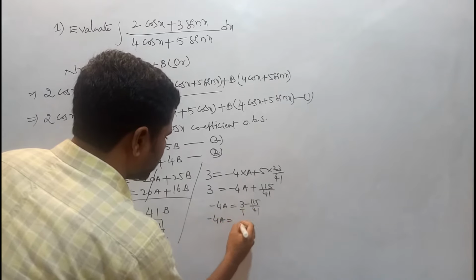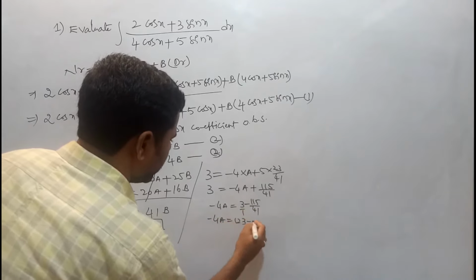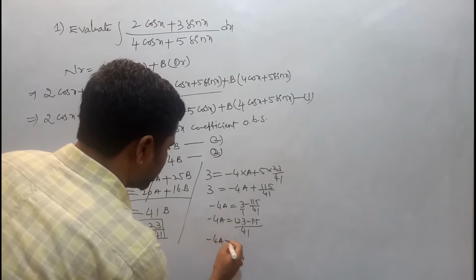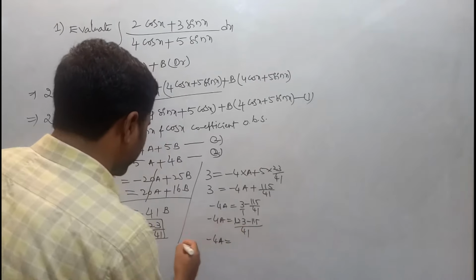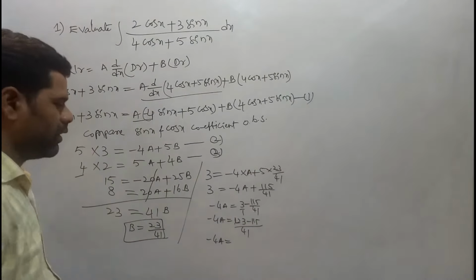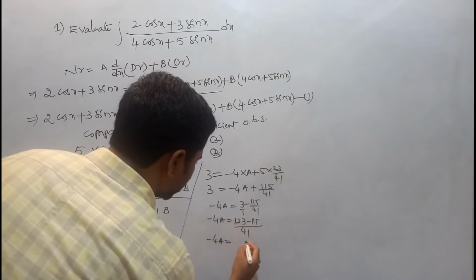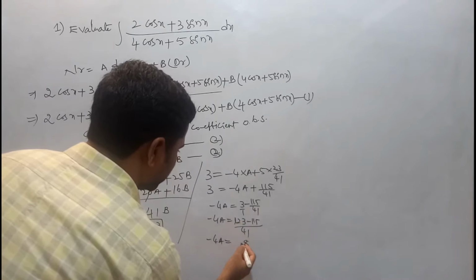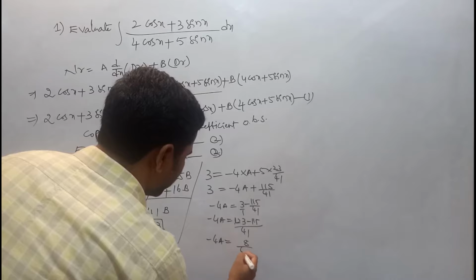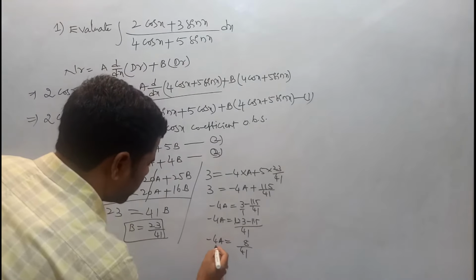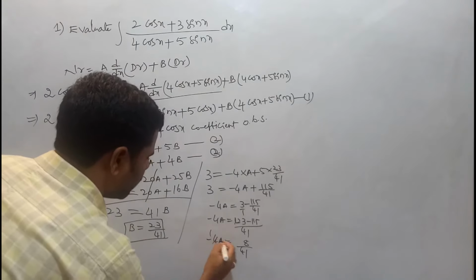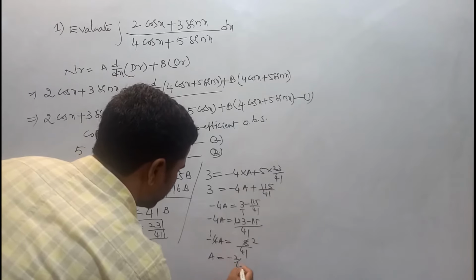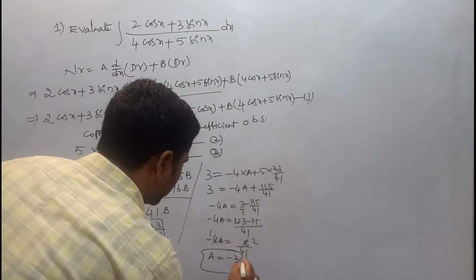Minus 4a is equal to (123 minus 115) by 41. Minus 4a is equal to 8 by 41. So a is equal to minus 2 by 41.